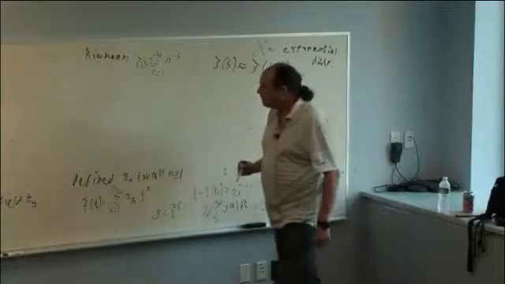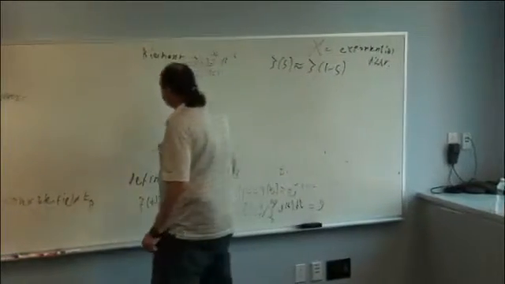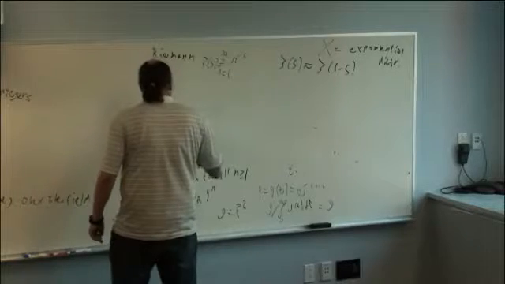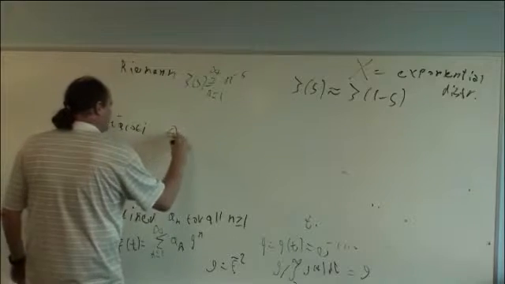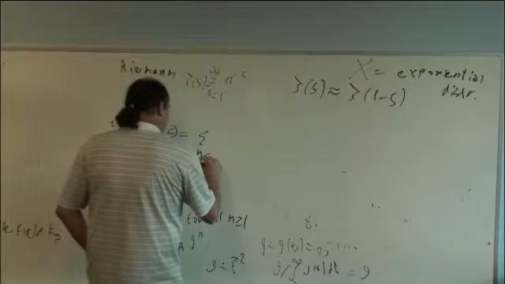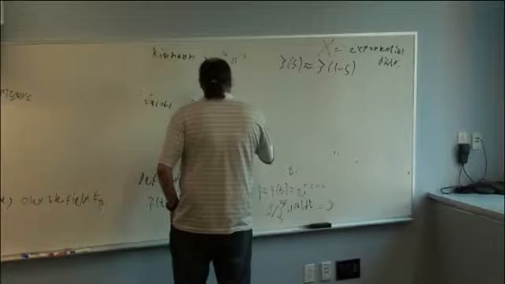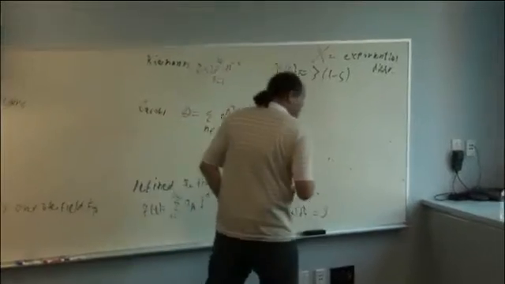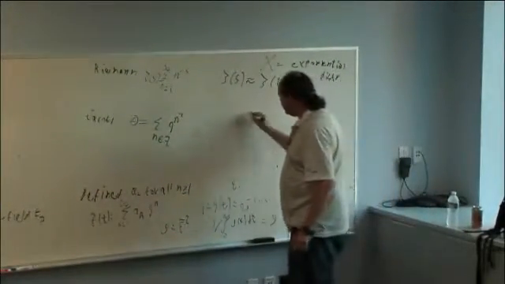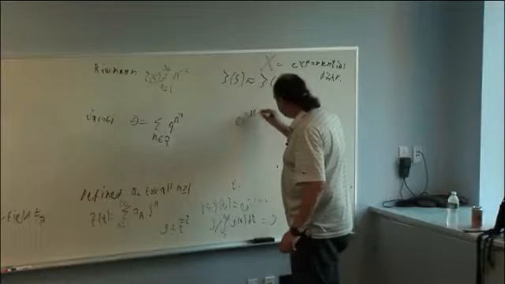So, Riemann remembered that his pal Jacobi, about 30 years before, introduced this theta function, which is the sum over all the integers of q to the power n squared, where q is the same. It's actually not e to the minus 2 pi t, it's e to the minus pi t.